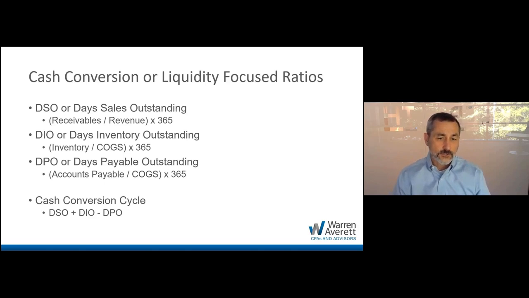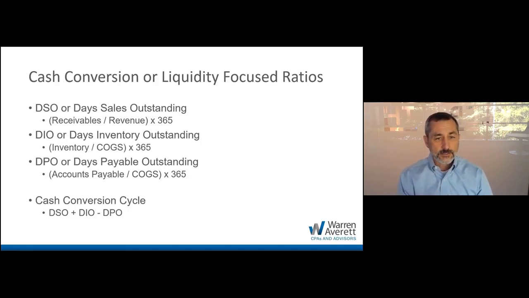So with that as the goal, we're going to look at how we construct that calculation. And each element is also important. Days sales outstanding, which is your accounts receivable divided by revenue times 365. The revenue number is annual revenue. That's why we use 365 as the multiplier.